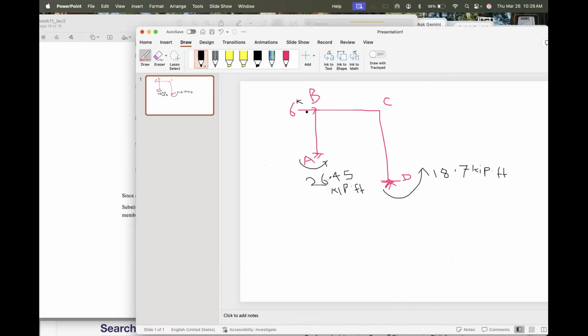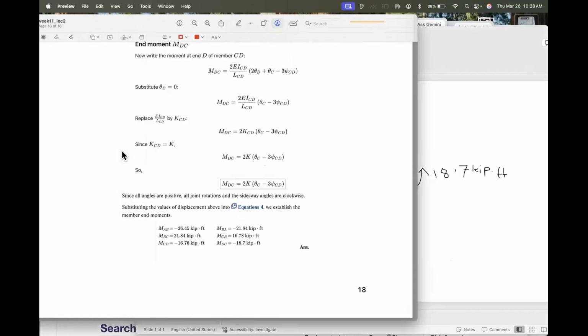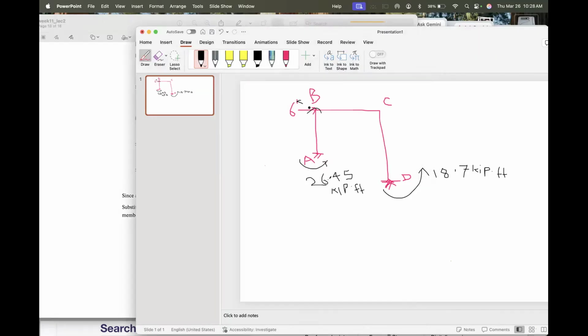For here we get negative 21.58 kip-ft. Anti-clockwise, right? Kip-ft.